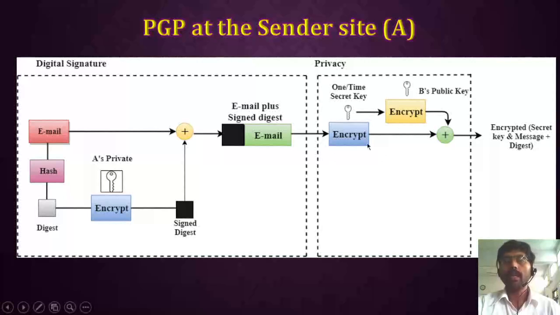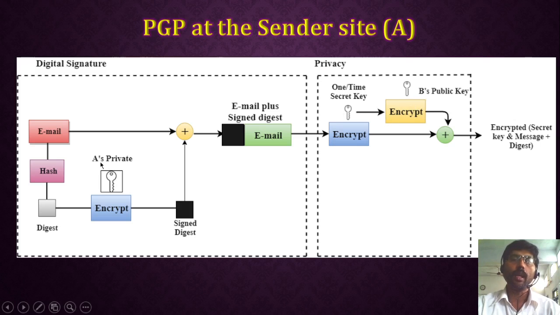Once I get the encrypted message, I have to encrypt the secret key. The encryption of the secret key is done by a public key which is already published by the receiver. Here B means the receiver, who already gave the public key to the user A. So A uses that public key and encrypts the secret key.